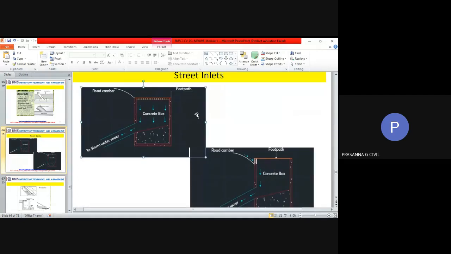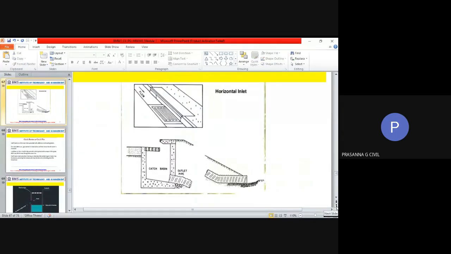If storm water is going into the storm water sewer, it's very simple to carry it away, or sometimes it can go in the main drain also. So that is what is meant by an inlet. I have some more figures for you. You would have seen such types of horizontal things on pavements. These are nothing but inlets.